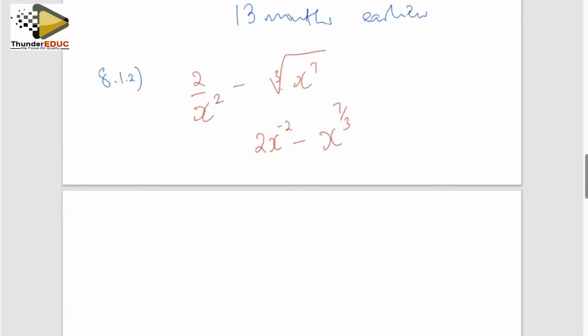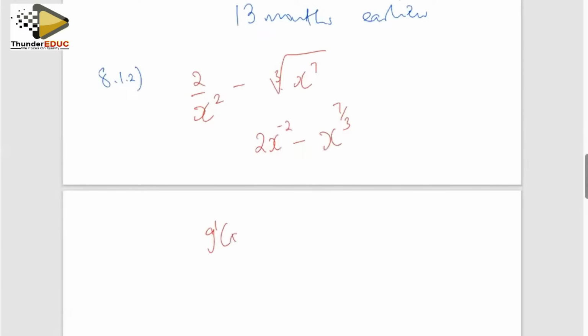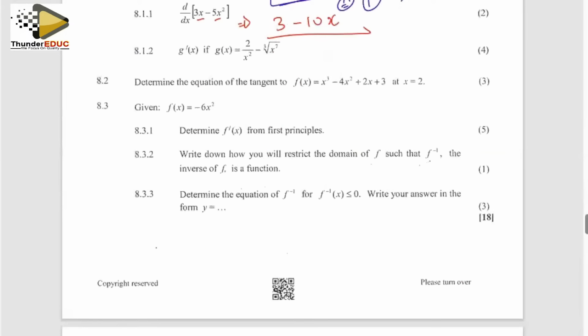Then we start with the derivatives. So g prime of x is going to be negative 4x, subtract 1 is a negative 3. Then that's going to be negative 7 over 3x. When we subtract 1, it's going to give us 4 over 3. So that is what I'm ending up with, 8.1.2. Then 8.2.